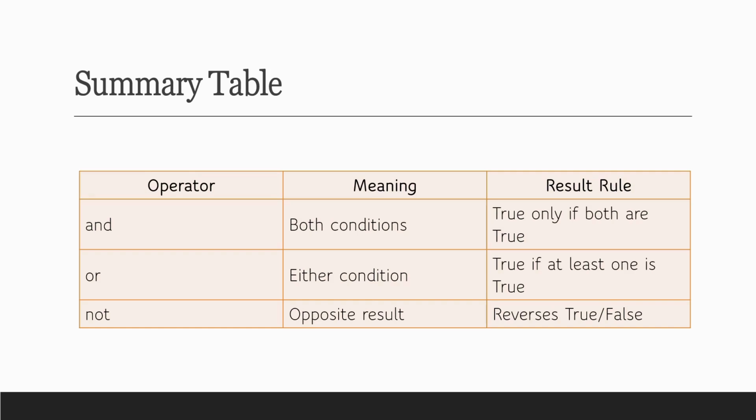Finally, the NOT operator. Its meaning is opposite result. It reverses the answer. If the condition is true, it becomes false. If the condition is false, it becomes true. This summary helps you clearly understand how each logical operator works.